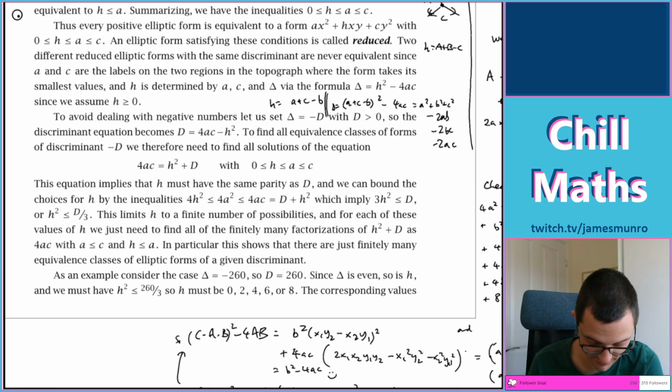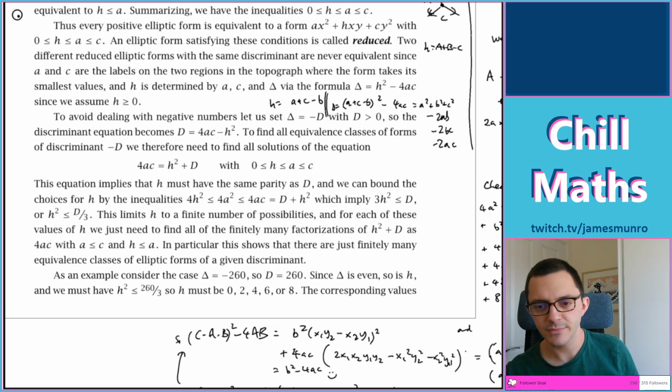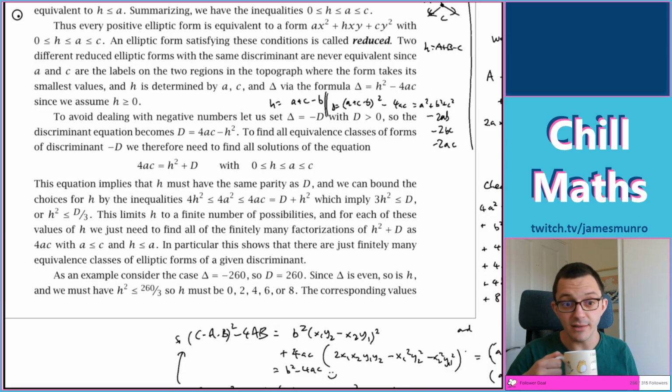Well, I still need to satisfy this equation actually for real. So I either need 4ac to be 12 in the first case, or if that's 4, then I need 4ac to be 16. So I'd be looking for numbers that multiply to give, in the first case, 3, and in the second case, 4. And there are some of those. So then maybe I'll be happy. Oh, but I need them to be larger than h.